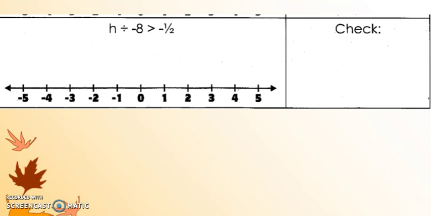The next example we have is h divided by negative 8 is greater than negative 1/2. I want to get h all by itself. Therefore, I need to do the opposite or the inverse operation of division, which is multiplication. And I need to cancel out the negative and the 8.